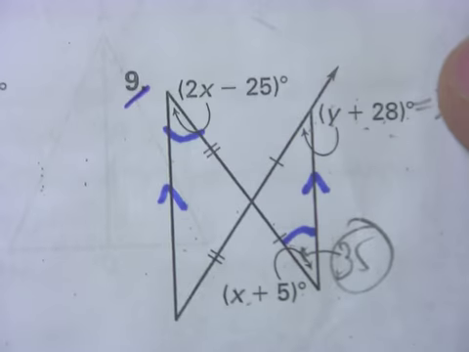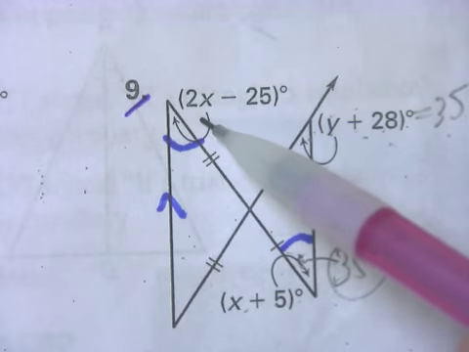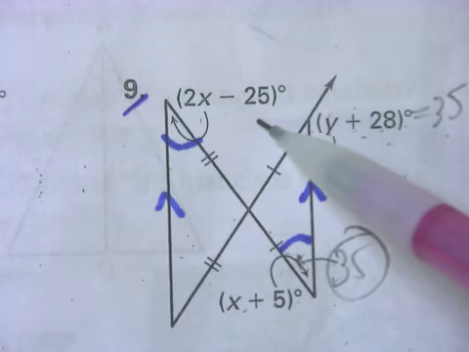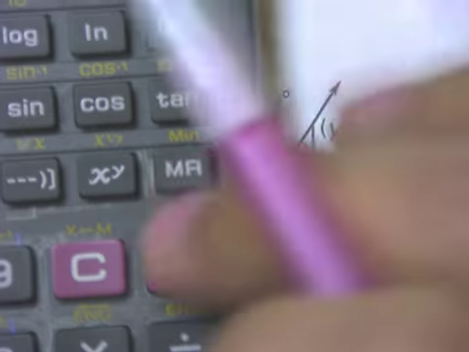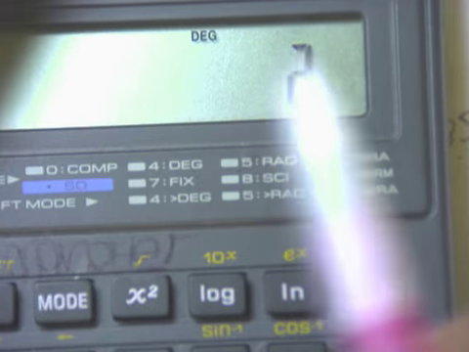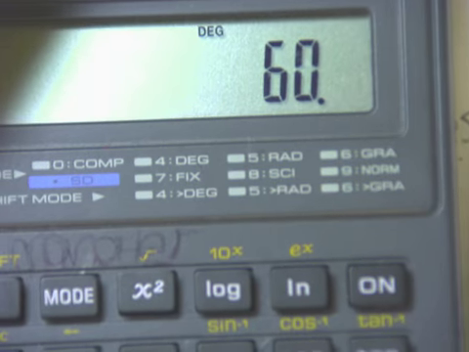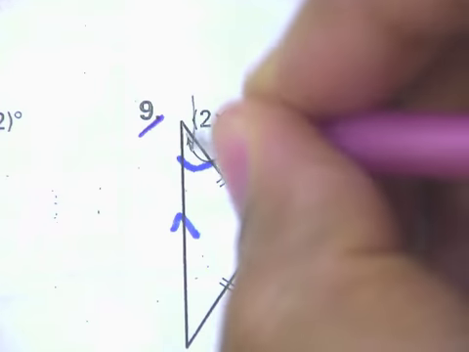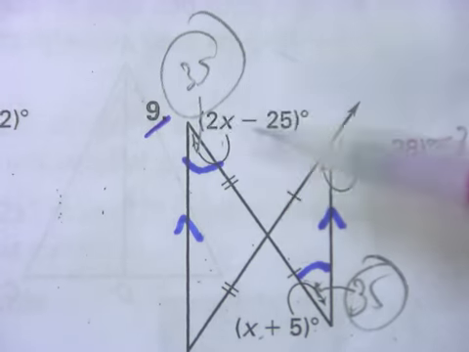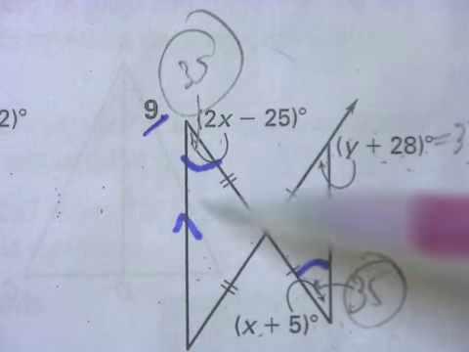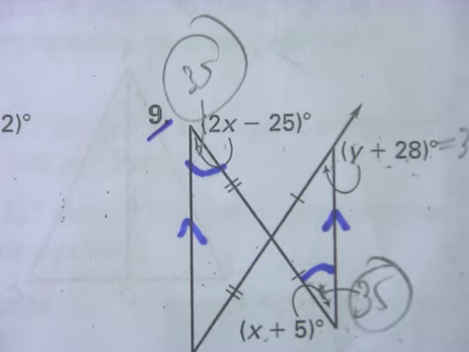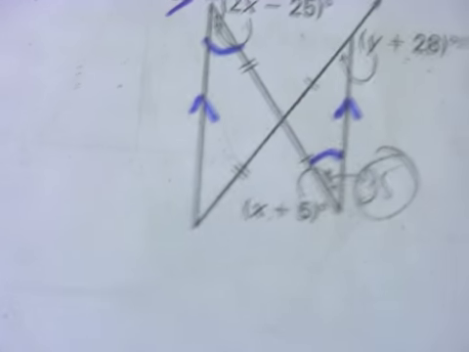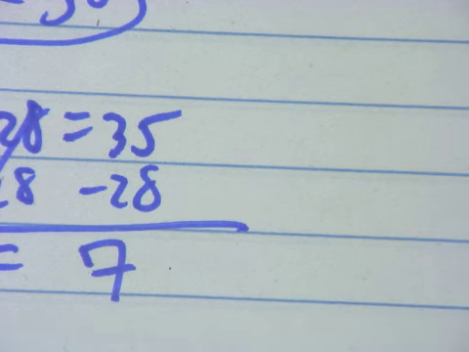If x is 30, which we said before, well, 2 times 30 is 60, minus 25 is going to give you 35 degrees. So this is 35 degrees as well. And that shouldn't surprise us because these are alternate interior angles, which are congruent.